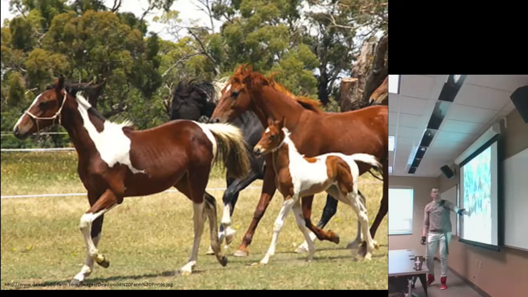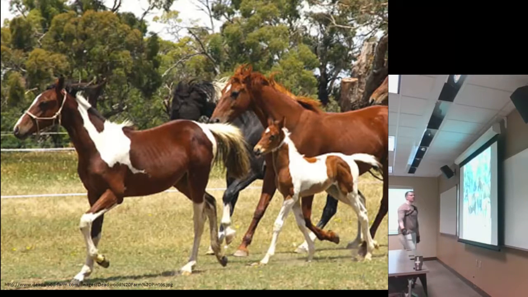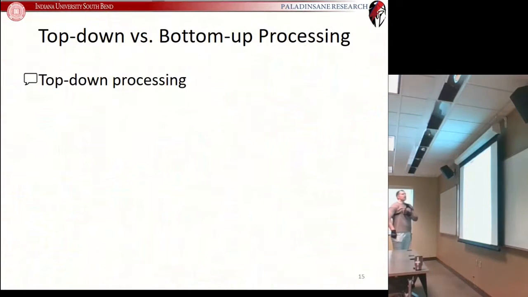So bottom-up processing is the processing that comes from the stimulus, and then you can think of your perceptions being near the top: it comes from the stimulus, works its way up, and you get a perception. Top-down processing is the opposite type of procedure.